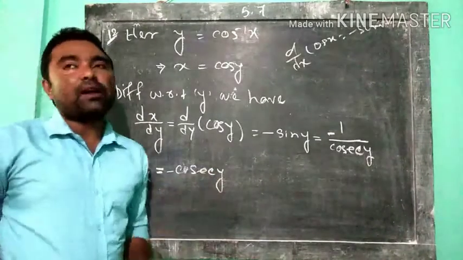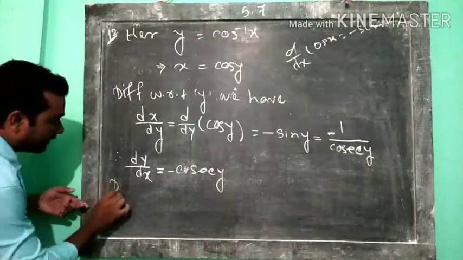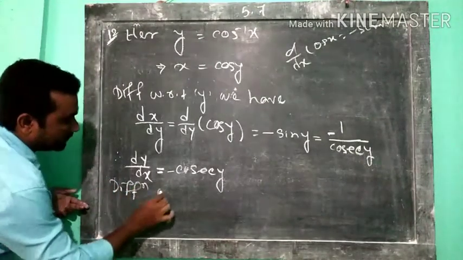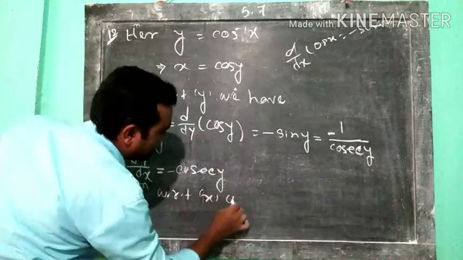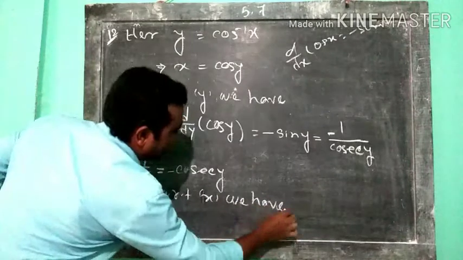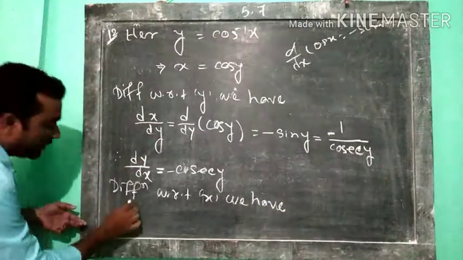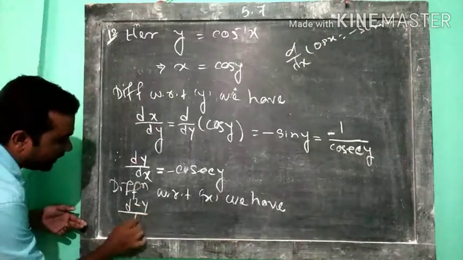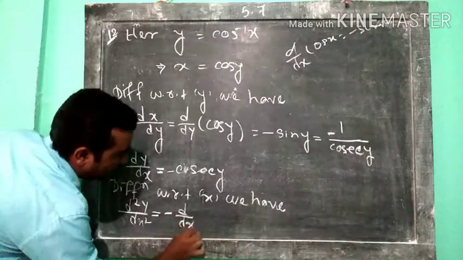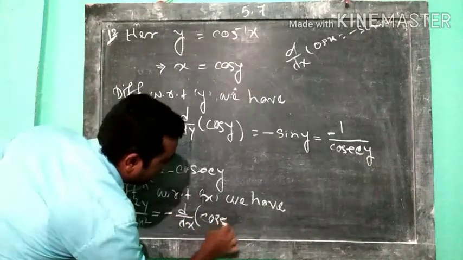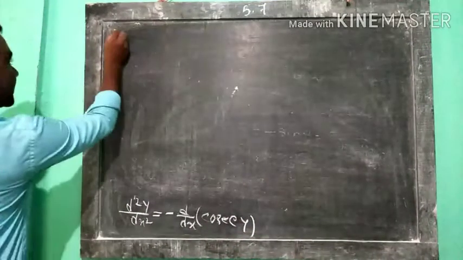Now differentiating with respect to x, we get d2y/dx2 equal to minus d/dx of cosec y.